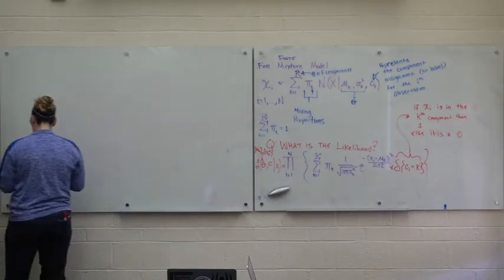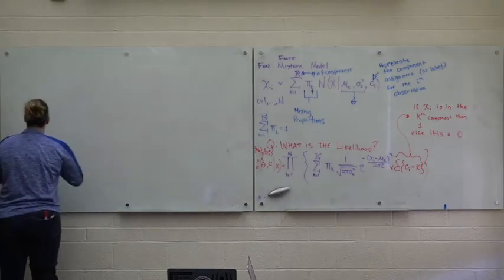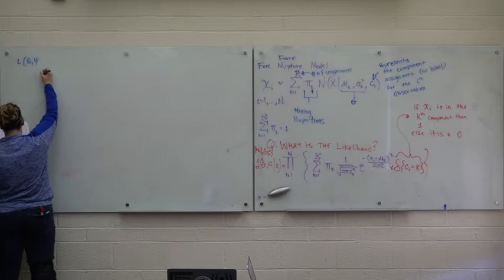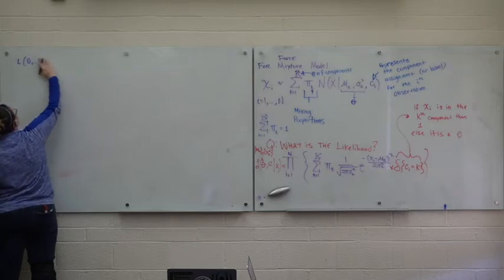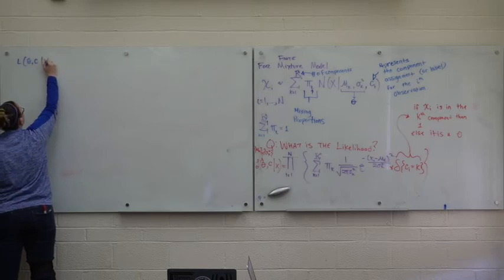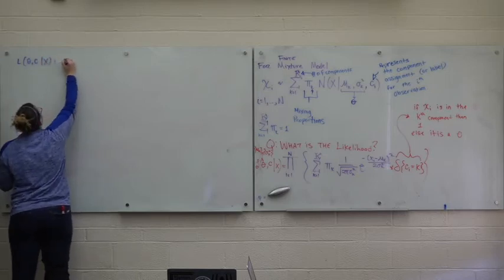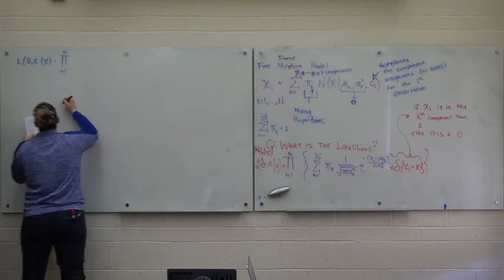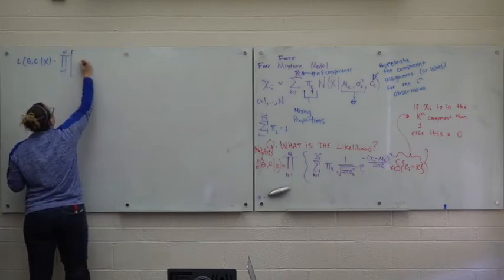Let me rewrite this out. Our likelihood of theta, and the C's, conditioned on X is equal to the product over N, so we have N observations, and then our sampling.